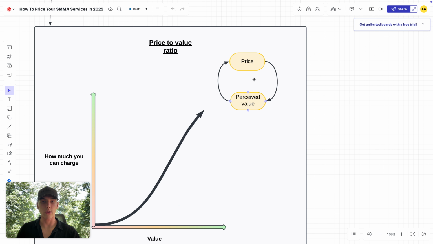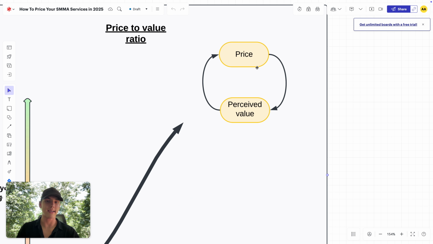This all comes down to this flywheel of price and perceived value. Perceived value dictates the price, and the price dictates what kind of perceived value you have to be generating. And notice the word perceived value and not necessarily value, because value is completely subjective. What may be super valuable to one person is not valuable to another. So make sure that you optimize for perceived value and not necessarily value.